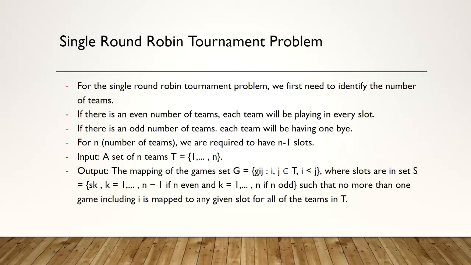The slots are in the set S_k, where k equals 1 to n minus 1 if n is even. If you have an odd number of teams, k goes up to n, such that no more than one game including i is mapped to any given slot for all the teams in T.